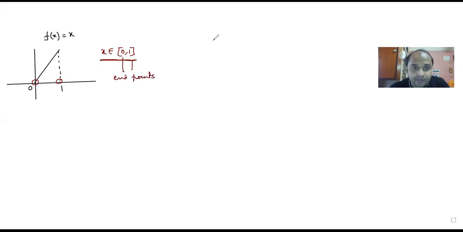Now the relative extremum theorem or its corollary, which you studied a few minutes ago, actually holds for interior points only.